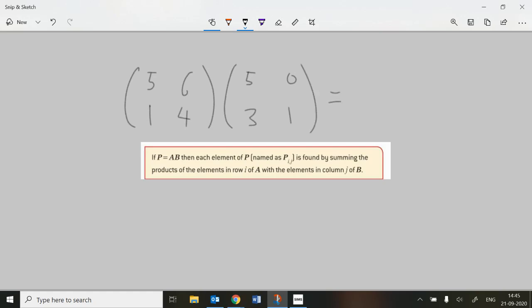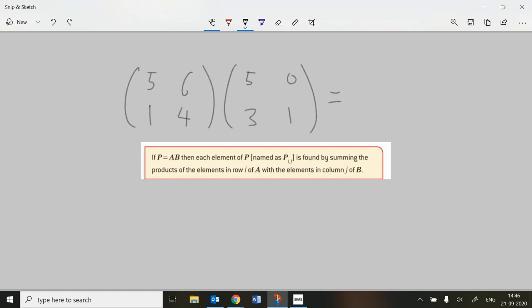Okay, now the way in which you do this is you times the elements in the first row by the elements in the first column of the second matrix. So elements of the first row in the first matrix times by the elements of the first column in the second matrix, and then we're going to sum those products.